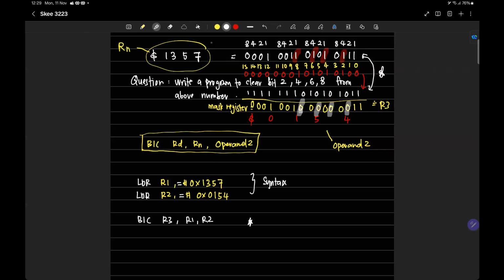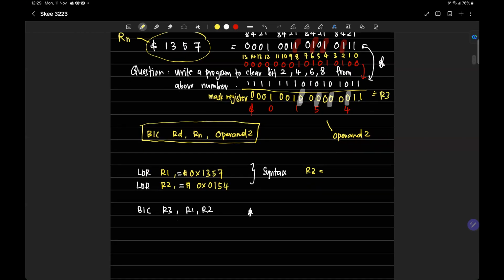So at the end of the day, your R3 is equivalent to 0xD3 D is a 0, and this is a 2 and 1. So 1, 2, 0. This will be your final answer, your R3.